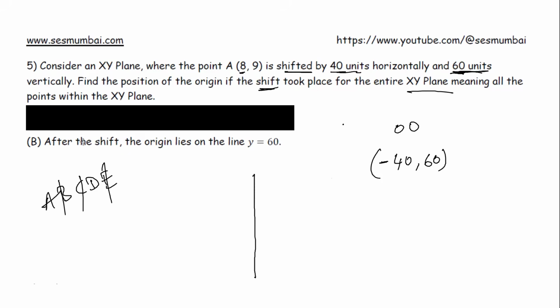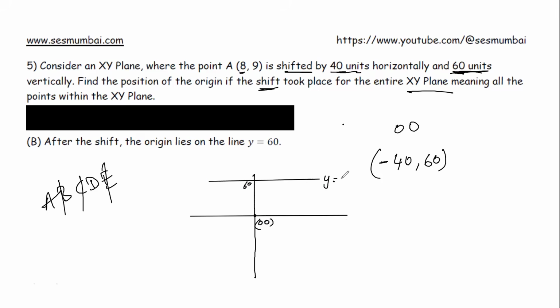From the B statement, after the shift, the origin lies on the line y equal to 60. So let's assume the line y equal to 60 is here.